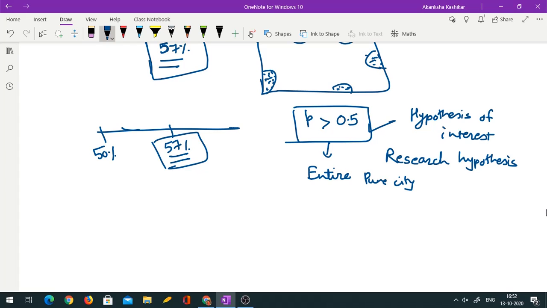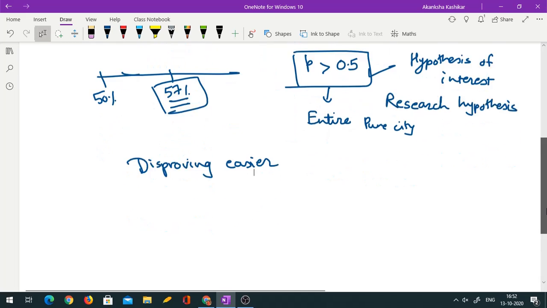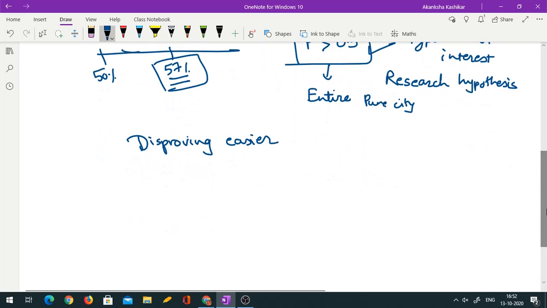Now remember, disproving something is generally easier than proving something. For example, we have always heard, all crows are black. But can you actually prove that all crows are black?